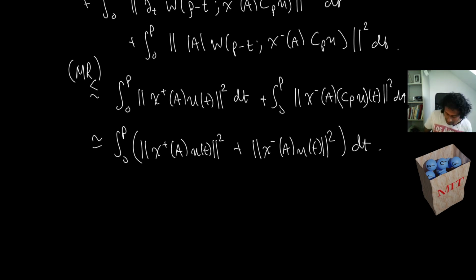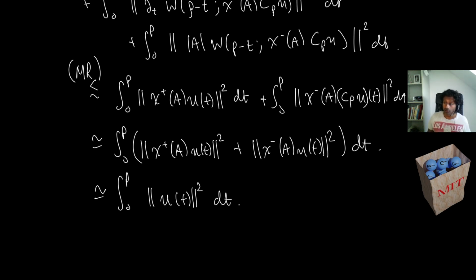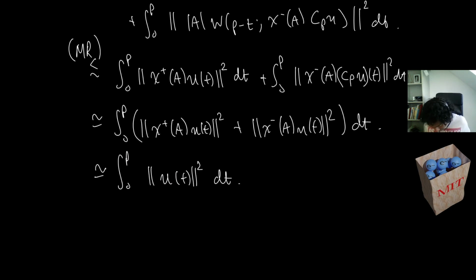But the chi plus and the chi minus are projectors, okay? And one is the complementary projector of the other. And that precisely means that inside this integrand, for each t, we can reconstruct u. They're not orthogonal projectors, but they're projectors.